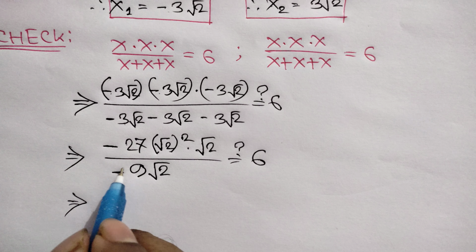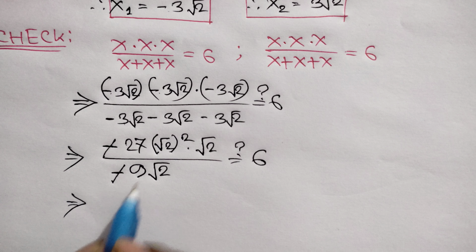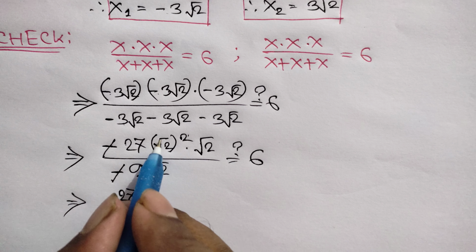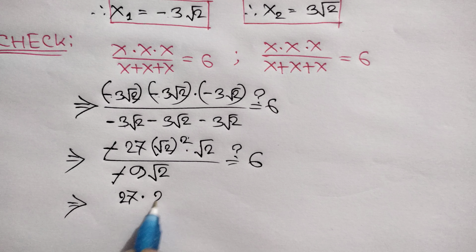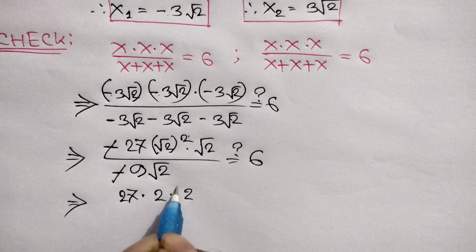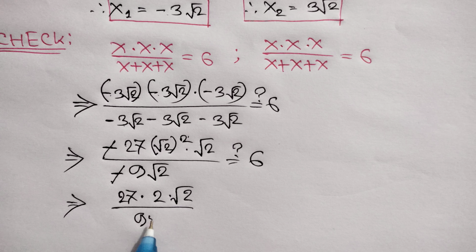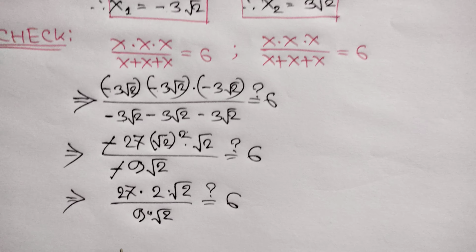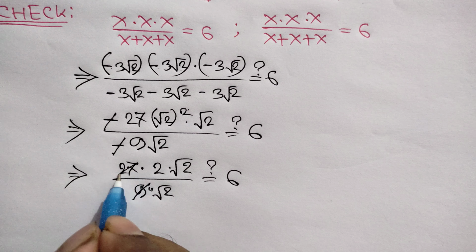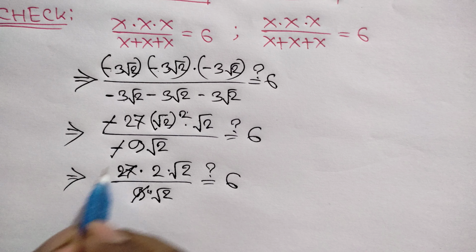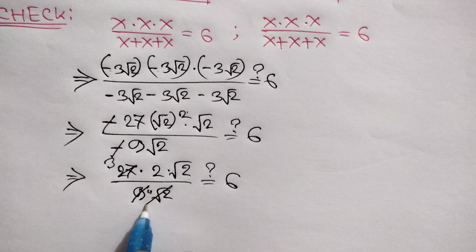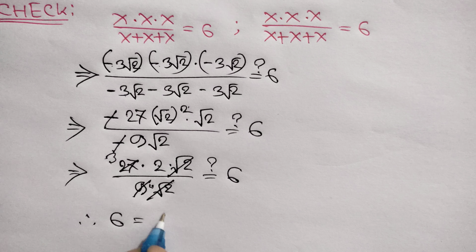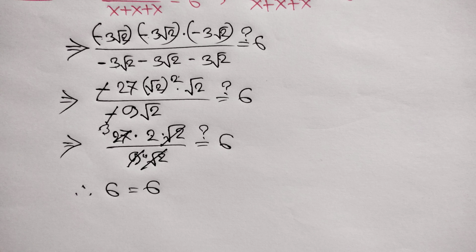Now this negative cancels out this negative, so here we will get 27 times this square cancels out this square root of 2, so we get 27 times 2 times square root of 2 over 9 times square root of 2. Is it equal to 6? Now 27 divided by 9 is 3. This cancels out this, so 3 times 2 is 6, so we can write 6 is equal to 6.